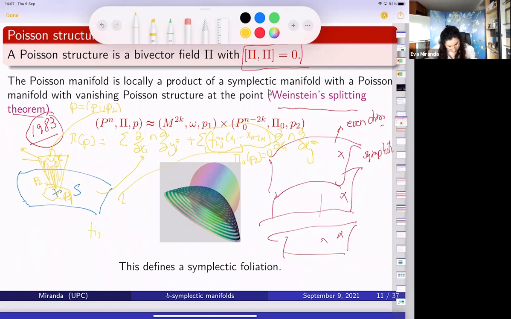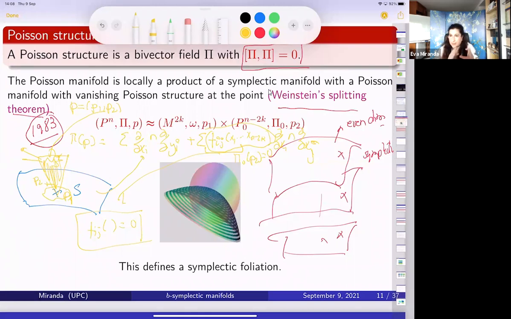Then, of course, people after that tried to apply linearization theorems, non-linearization theorems, and quadratization theorems. And sometimes you can linearize this transversal Poisson structure, but sometimes you cannot. There is a theorem by Conn that says that you can take the Taylor expansion of each function, and you can take the linear part of this function.